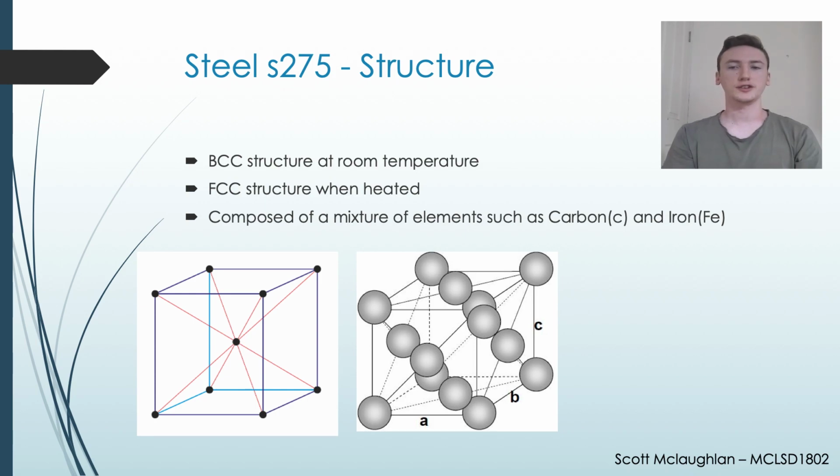At 913 degrees Celsius, the alpha steel converts into austenite, and the structure becomes face-centered cubic, FCC. This structure has a coordination number of 12 and contains 4 atoms per unit cell. At 1394 degrees Celsius, the austenite turns into delta phase and transforms its structure back to BCC.